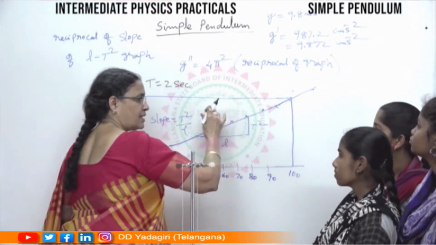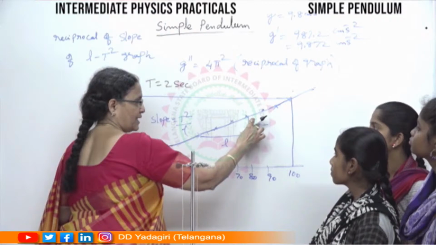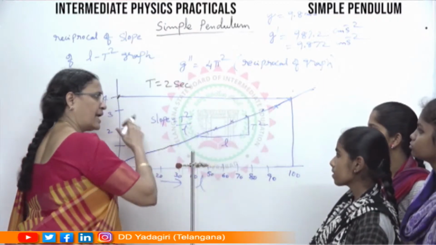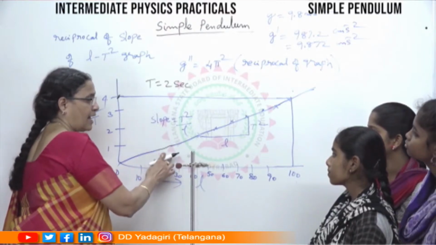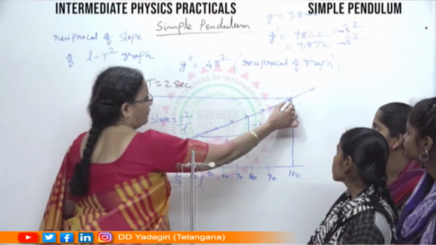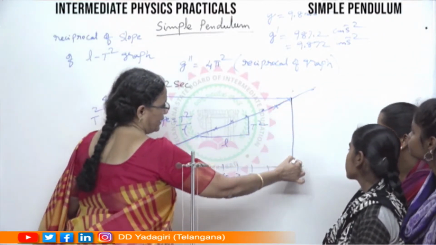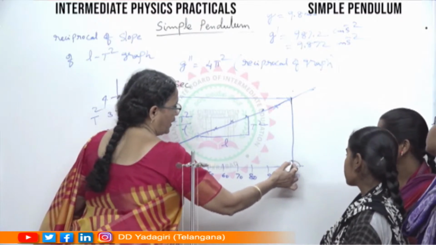Extend that straight line so as to meet the graph drawn by you between L and T square at one point. From there, drop a perpendicular. It meets the x-axis at one point.